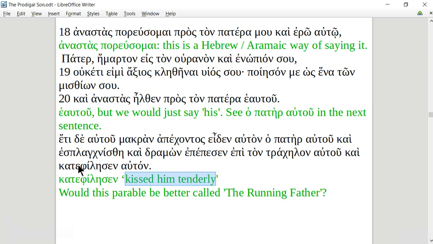That's why most translations just say he kissed him. But possibly it'd be good to translate it kissed him tenderly. And so this leads us to a little question here. Would this parable be better called the running father? And I'll talk about that a little bit more in a minute.